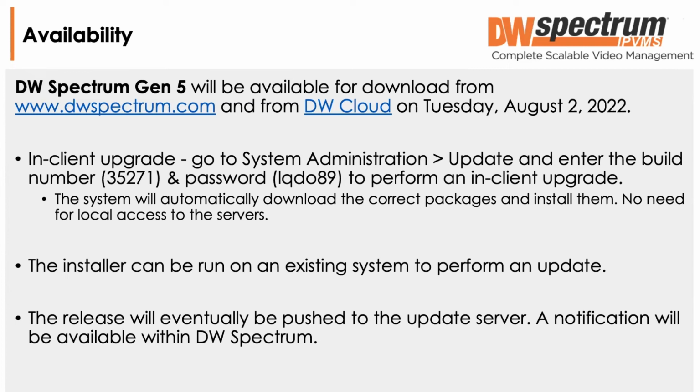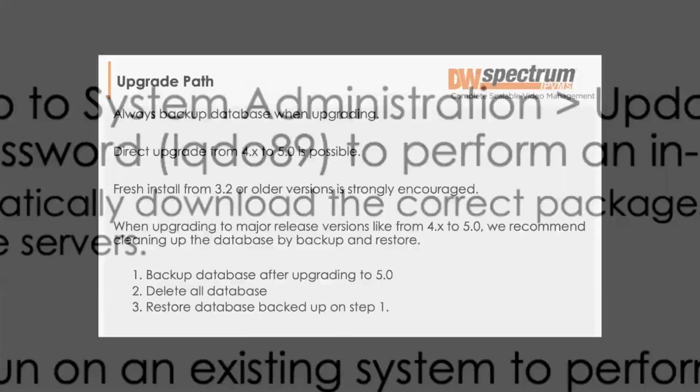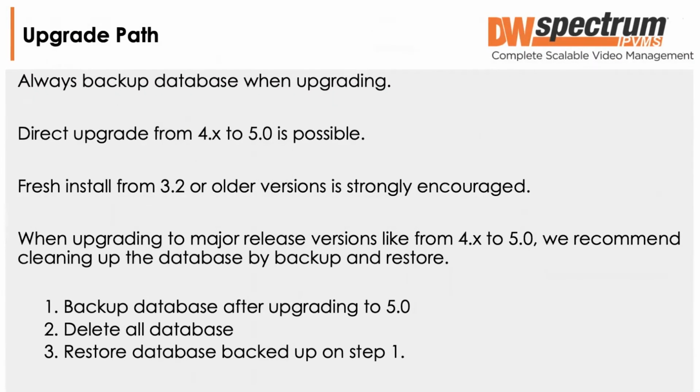And then the installer will be available. And down the road, as we typically do, we will do the push within DW Spectrum, but that's usually 45 to 60 days after release.